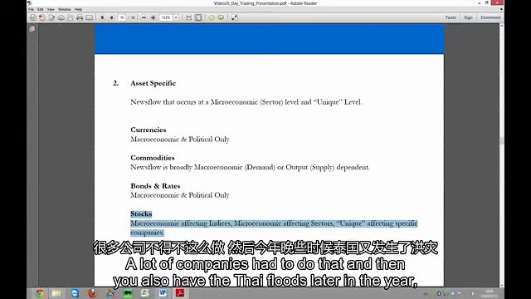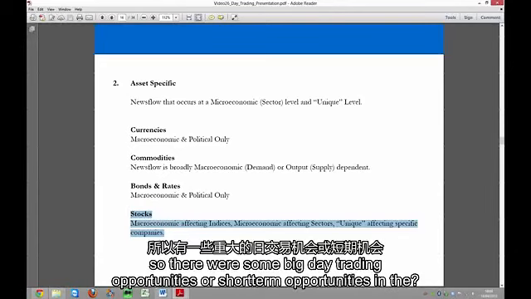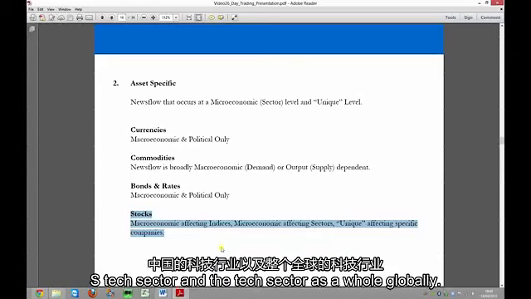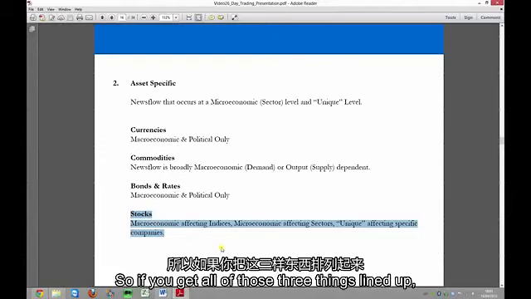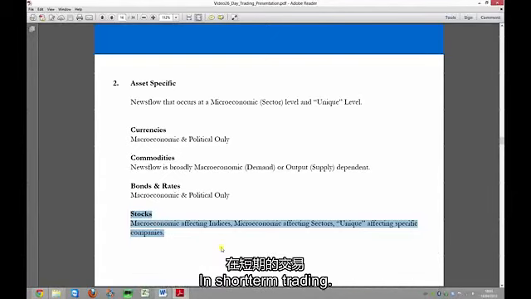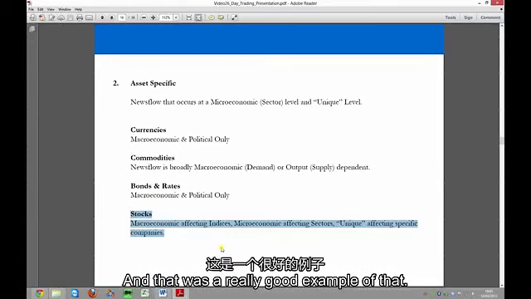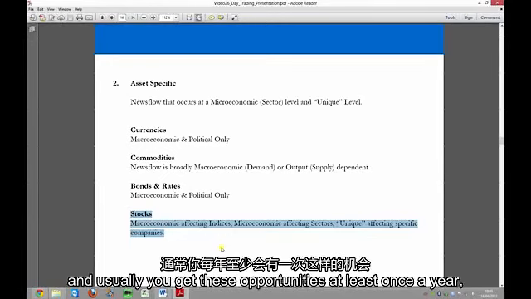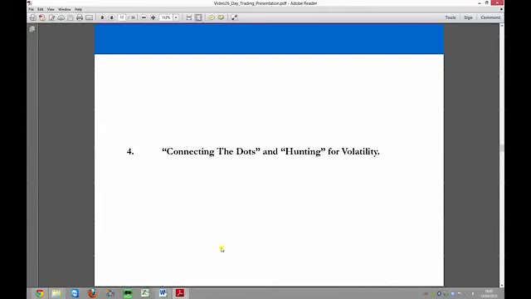A lot of companies had to do that, and then you also had the Thai floods later in the year. So there were some big day trading opportunities or short-term opportunities in the US tech sector and the tech sector as a whole globally. So if you get all of those three things lined up, that's where the big opportunities occur in short-term trading. And that was a really good example of that. And usually you get these opportunities at least once a year. So you've got to keep an eye out for them.